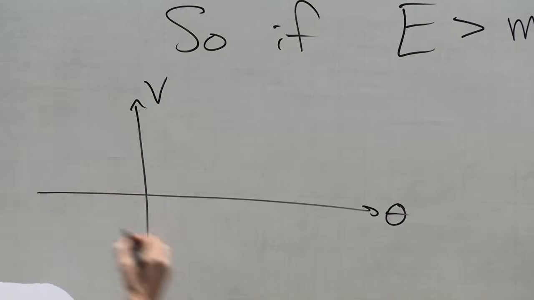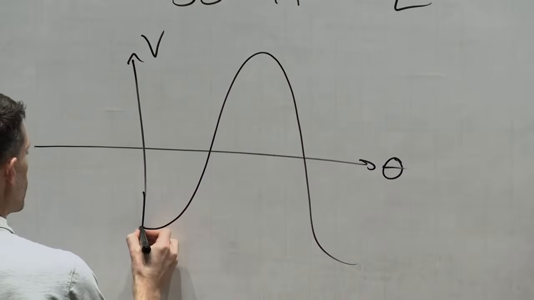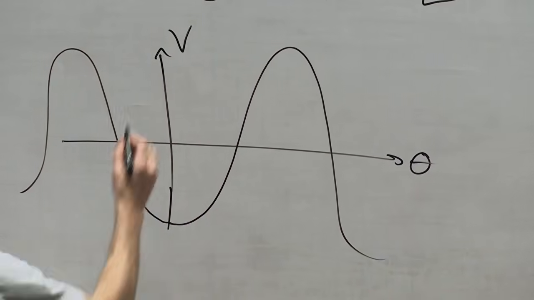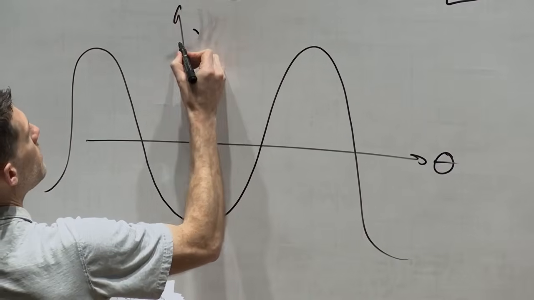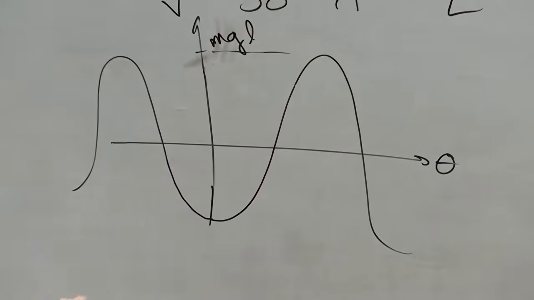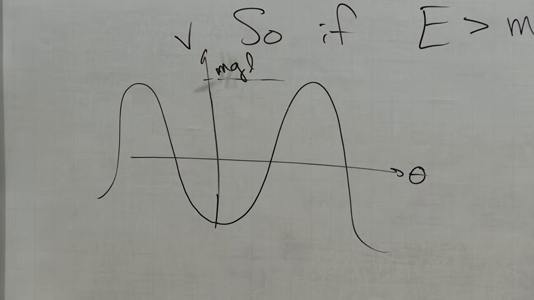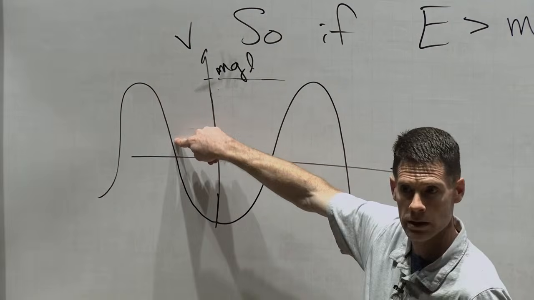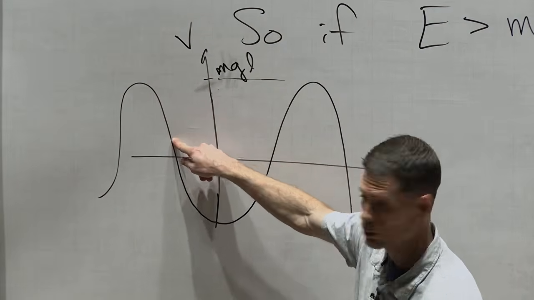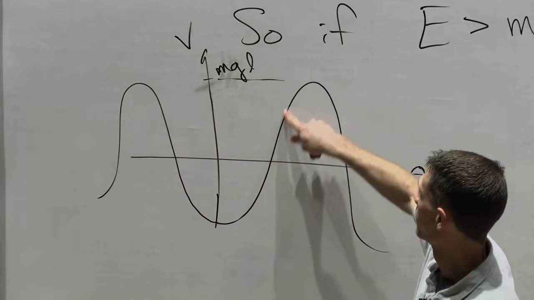So V is looking like that, and this maximum point is mgl. And I guess what I'm doing in the experiment is starting here, and if I just let go, this is our usual picture, ball rolling in a potential field, it's going to do that, but I'm starting here and giving it some velocity so that it gets past here.